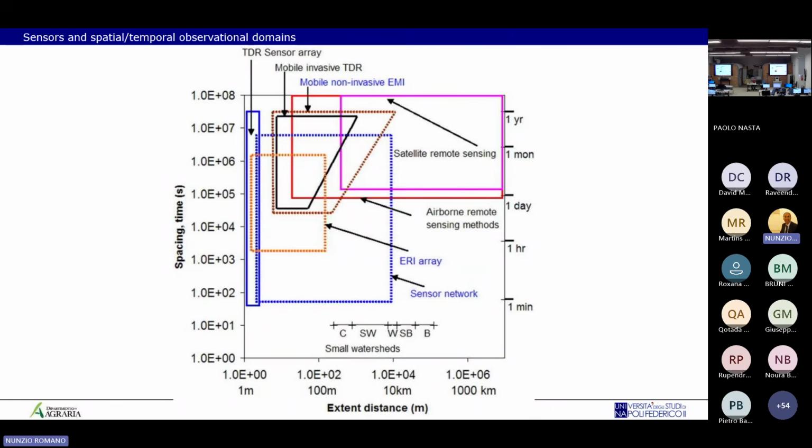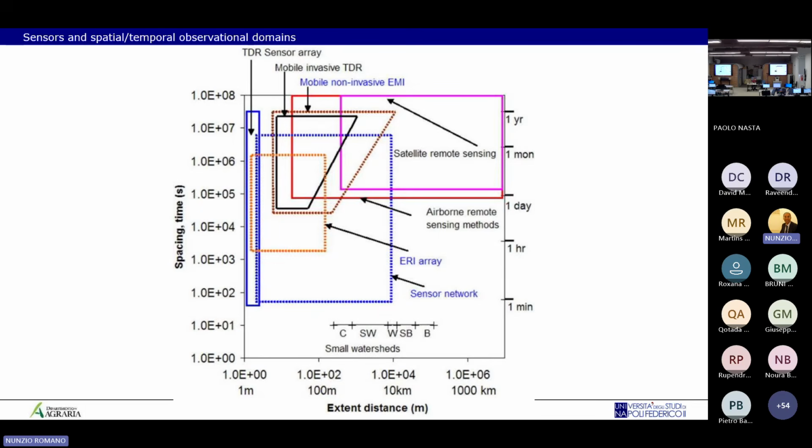Very briefly we will show you something about the sensor network, but also the electrical resistivity, electromagnetic induction, mobile TDR, mobile cosmic ray, and then how to integrate this more local information with the satellite information, or equipment and sensors mounted on drones or on aircraft.